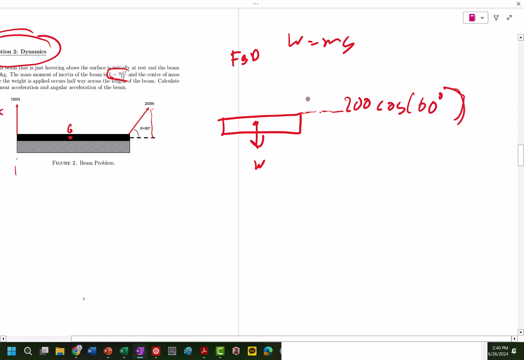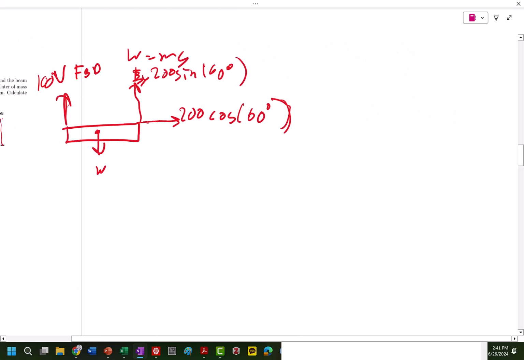We're also going to have a force in the y, which is equal to 200 times sine of 60 degrees. And we also have a force here that is 100 newtons in this direction. So that's our free body diagram.